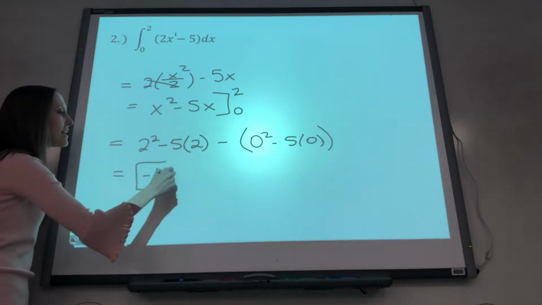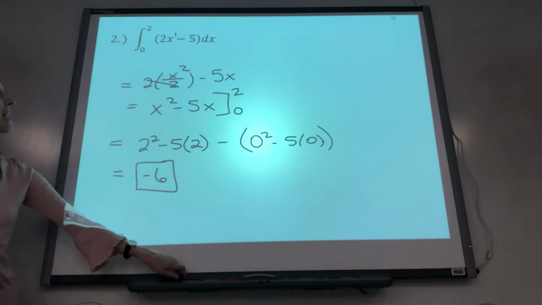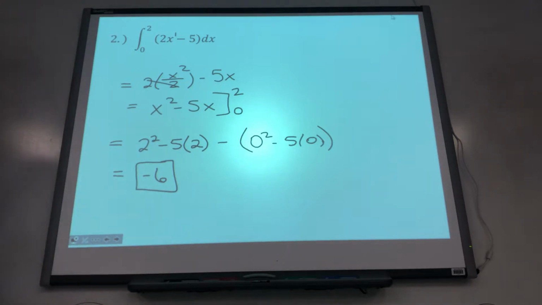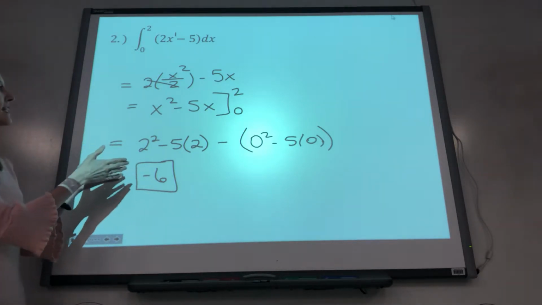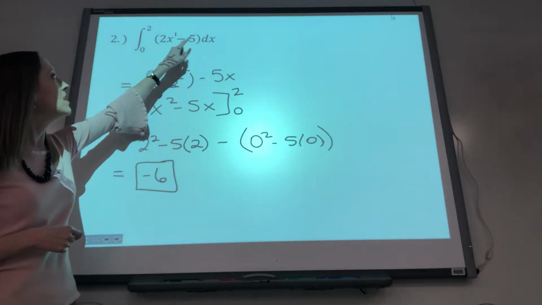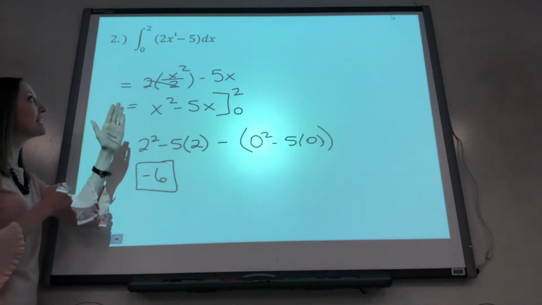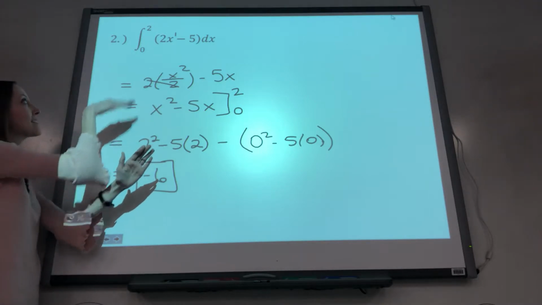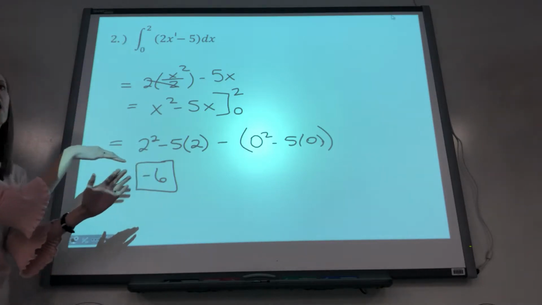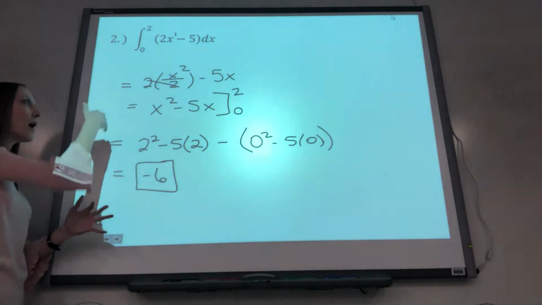Now, as far as area is concerned, it's kind of weird to get back a negative answer when you're talking about area. The reason it's negative is because if you graphed that line, y-intercept of -5, slope of 2, actually the distance between it and the x-axis between those two values is under the x-axis instead of above.